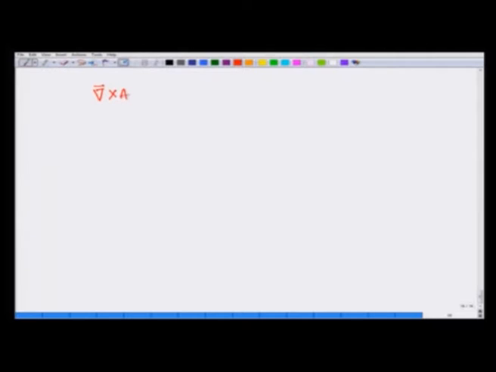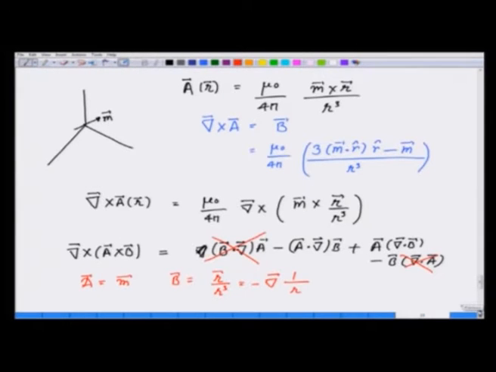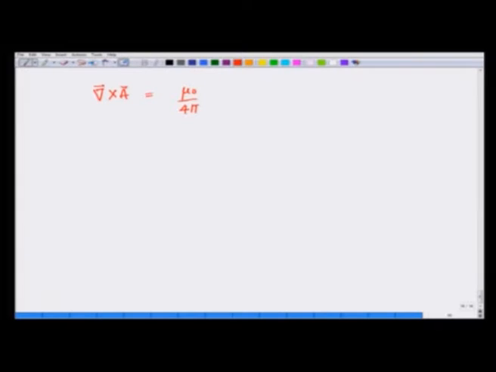So, I am left with curl of A in our case equal to mu 0 over 4 pi, minus m dot del operating on B, which is r over r cubed, plus mu 0 over 4 pi, m divergence of r over r cubed.